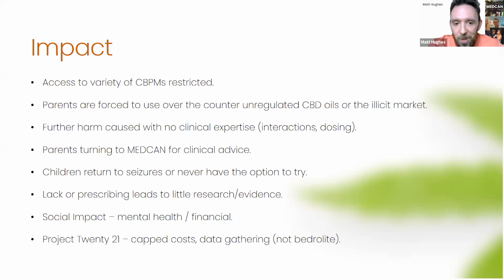If they can't see a clinician, they're having to turn to other parents for advice. Children returning to seizures are not having the option even to try cannabis. Lack of prescribing leads to little research and little evidence. There is a social impact on the families, their mental health, and financial strain. And again, back to Project 2021 with capped costs, the data gathering and that extra evidence.